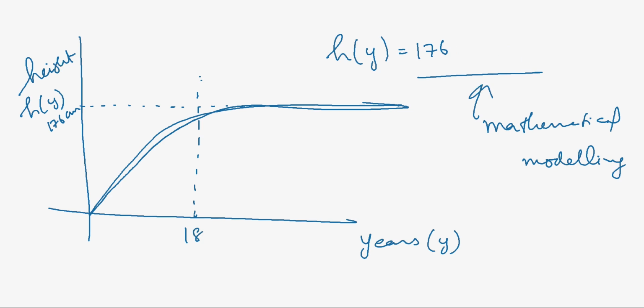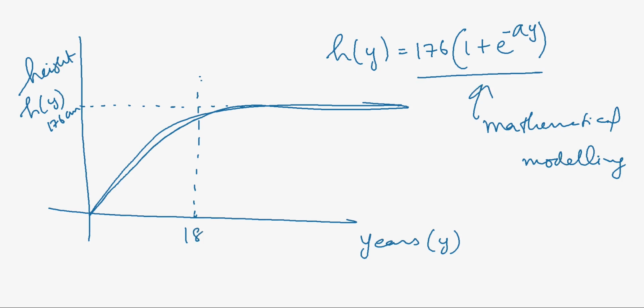So I say 176 e to the power minus, no, plus. You see why I keep correcting this. It will be 1 plus e to the power minus alpha y, something like that, where y is the number of years.